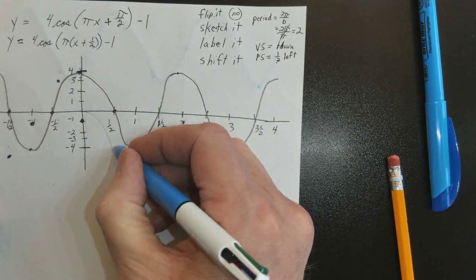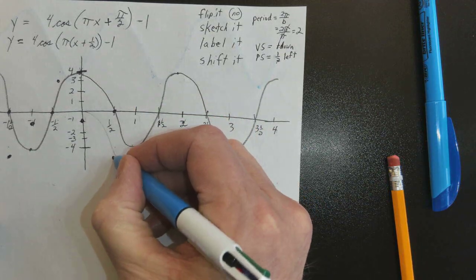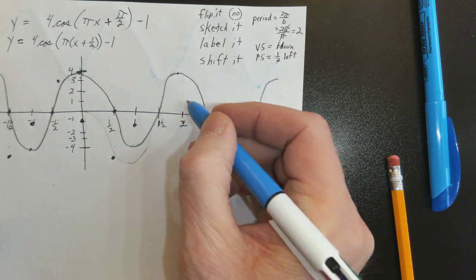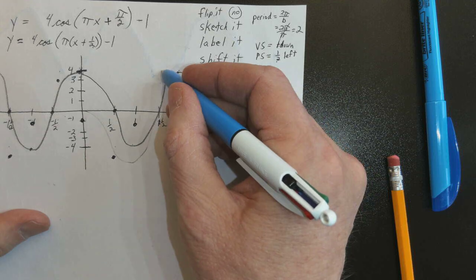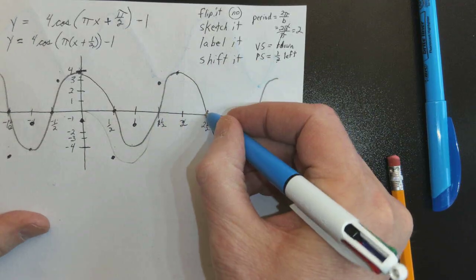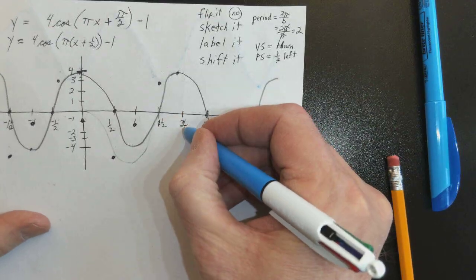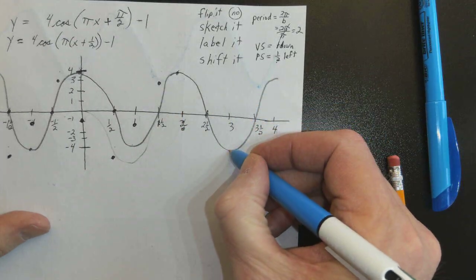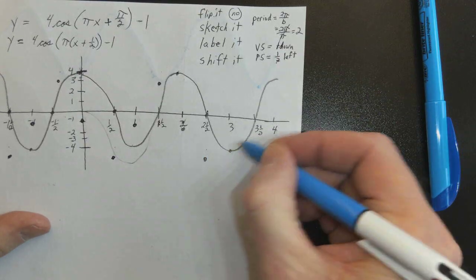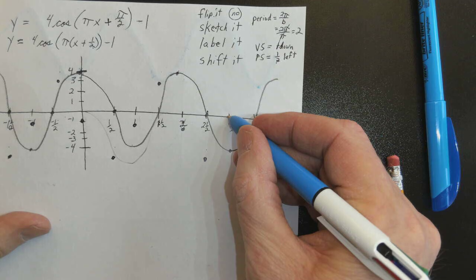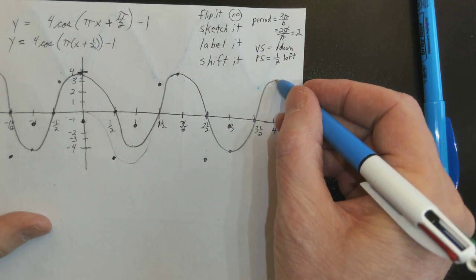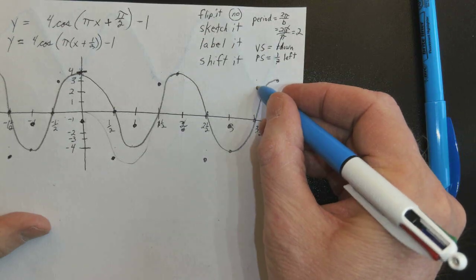Here. 1/2 left, down 1. Let's go 1/2 a unit left, down 1 here. This point, go 1/2 a unit left, down 1. And this one up here, 1/2 a unit left and down 1.